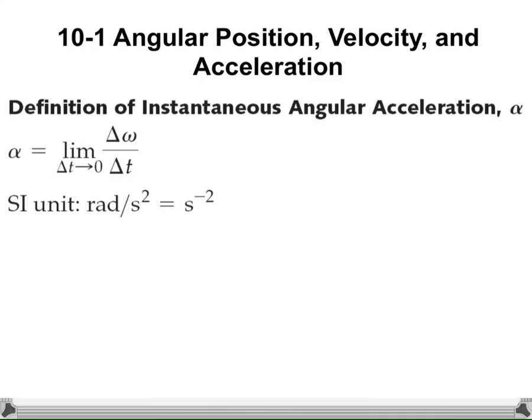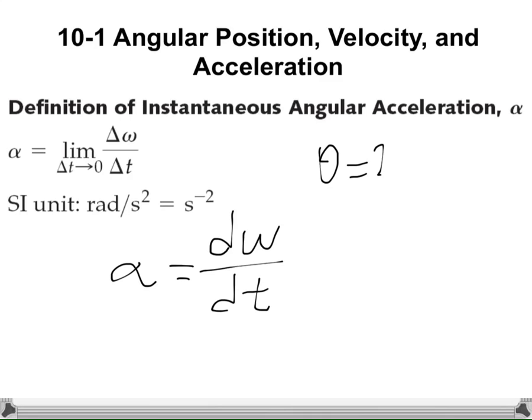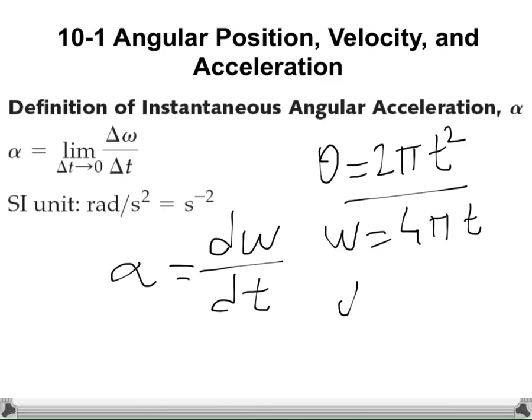The instantaneous angular acceleration, again, you can express in terms of the time derivative of omega, the angular velocity. It is d omega over dt. Remember the example I gave: if an object's angular position is 2 pi t square, its angular velocity is 4 pi t, and its angular acceleration is 4 pi.